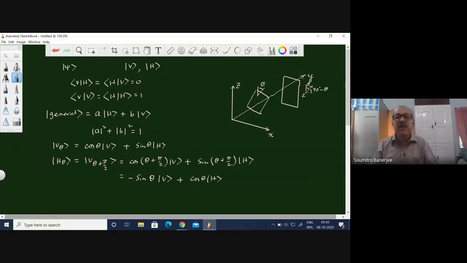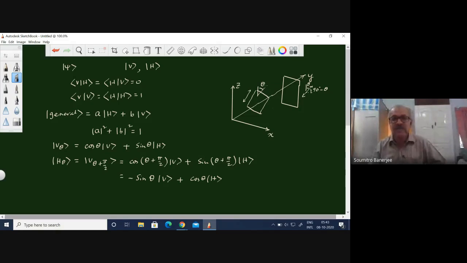So now it is oriented in this direction. It will produce a photon whose polarization is oriented this way, at the angle theta.